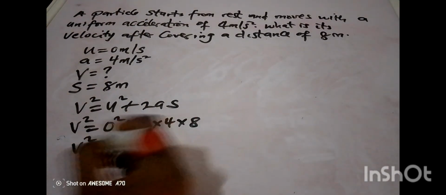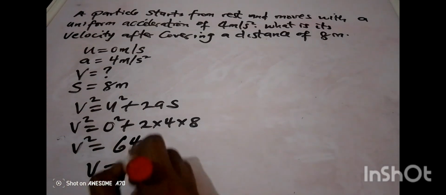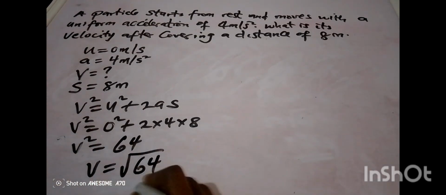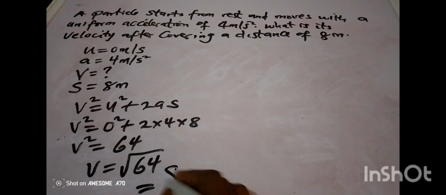Then 2 times 4 is 8, 8 times 8 is 64. Then v equals the square root of 64, and our v equals 8 meter per second. So that's how we get our result. So let's look into the next example.